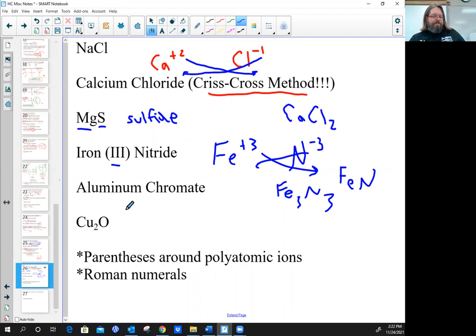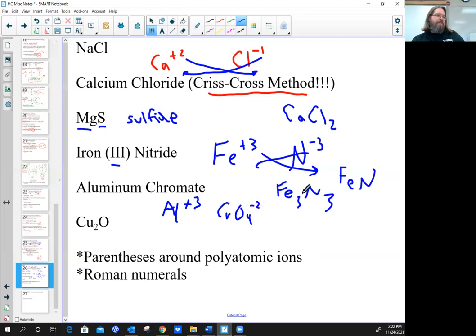So aluminum has a charge of +3, so aluminum +3, and then chromate is CrO4 -2, CrO4 -2.